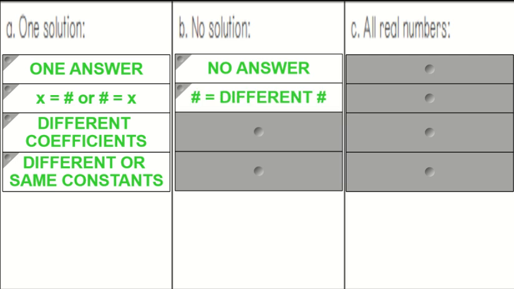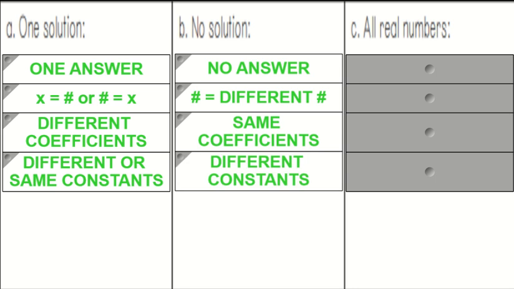What you get is, if you solve the whole thing, you're going to have some number equals a different number. And with any of these, the coefficients are going to be the same, but the constants are going to be different.